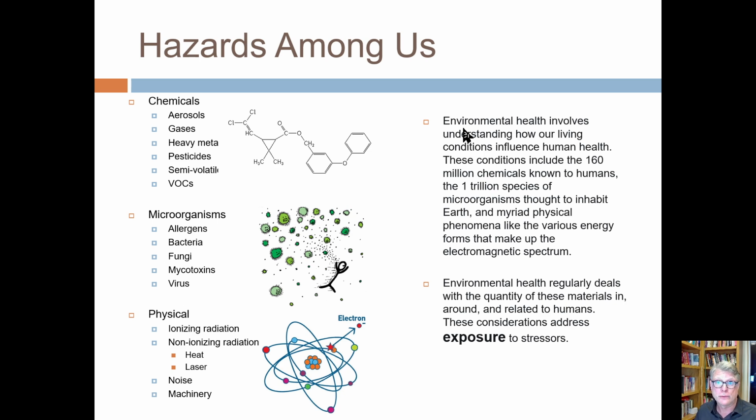The field of environmental health involves understanding how our living conditions influence our health. These conditions include the 160 million chemicals known to humans, the 1 trillion species of microorganisms thought to inhabit Earth, and myriad physical phenomena like the various energy forms that make up the electromagnetic spectrum.